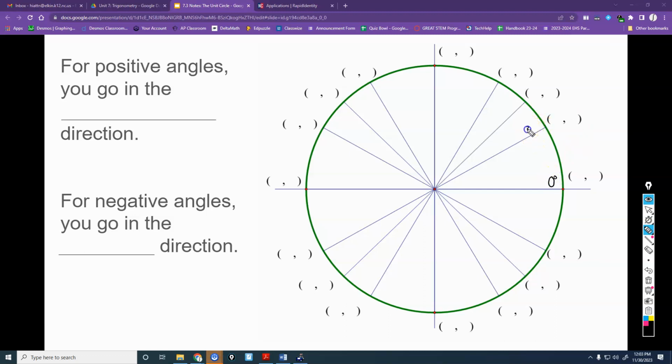You'll have 30 degrees right here. I'm going to skip this one because it's not going to be on Desmos. Then you'll have 60 degrees here, 90 degrees here.